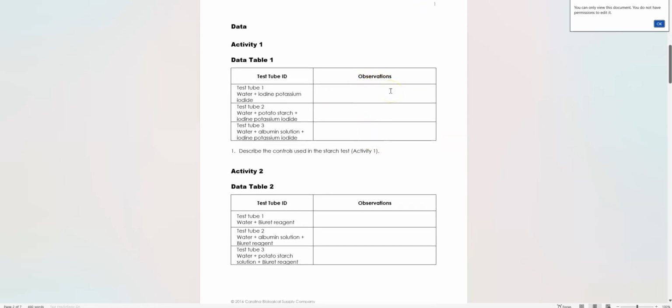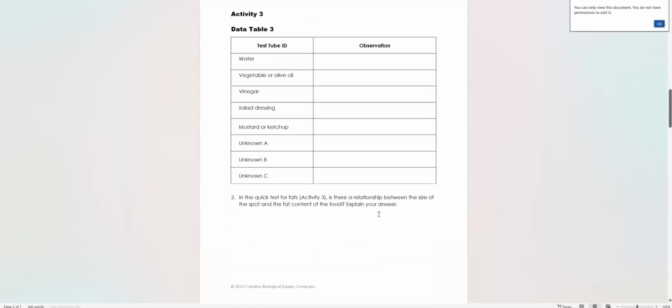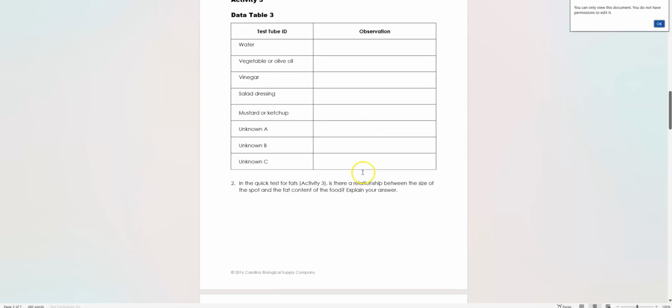Is there a color change? Does the consistency change? Is it positive for starch? Is it negative? Same thing with the fats. Is it positive for that? Is it negative? For all the tests, you want to indicate whether or not it contains that macromolecule.